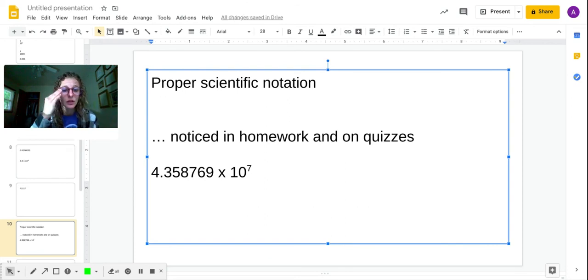It doesn't really matter. But I noticed a lot of you, instead of having this, would do something like 0.8769 times 10 to the, instead of 10 to the 7th, you would do, because that would be 1, 2, 3, 4, 5, 6, 7, it would be 1, 2, 3, 4, 5.